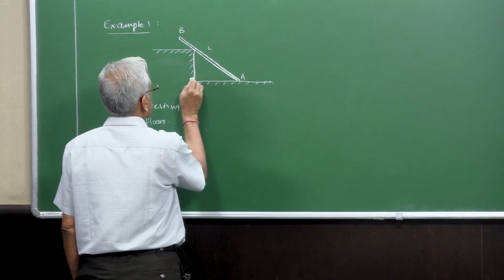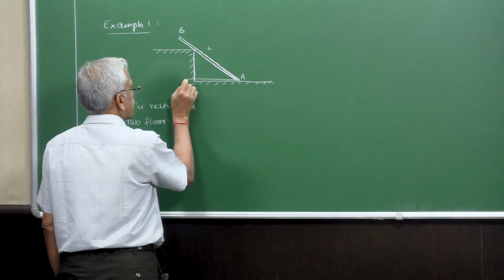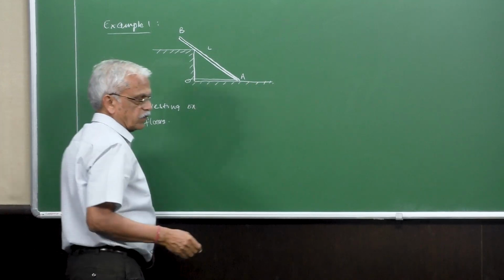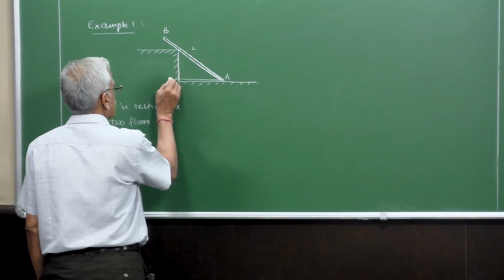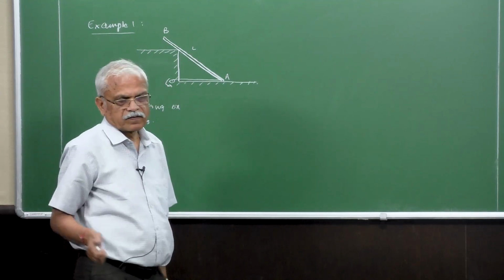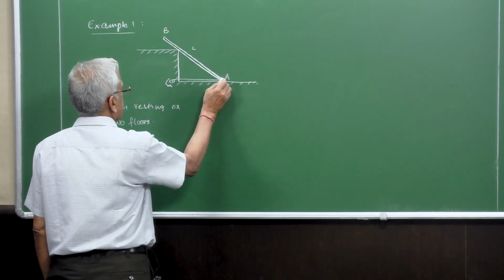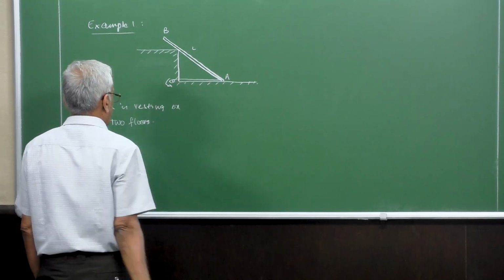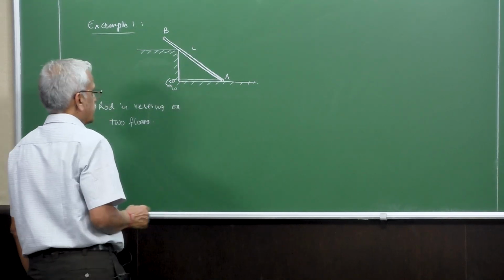They're not attached, so let's assume that the end A here is tied to a string, and then it's going over a small cylinder. This is of course not very necessary, but for the sake of practicality, we can say that this end A is tied by a string going over a cylinder of radius r, and the cylinder is rotating with some angular velocity.